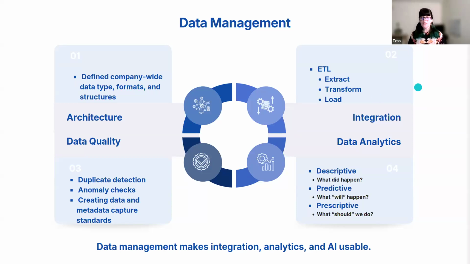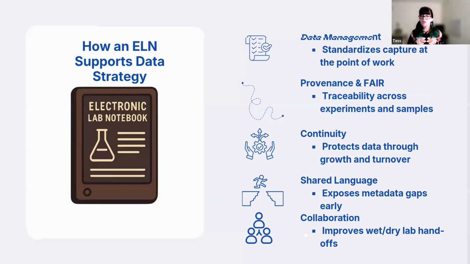One of the best ways that we can implement data management is through an ELN. An ELN, an electronic lab notebook, can help you with data management by standardizing capture at the point of work. It's really good at saying this is the kind of data that should be in certain inventories, or these are the codes that we're using, or consistency in our IDs. So data management within ELNs can really bring that ambiguity out and ensure that we're speaking in the same language.